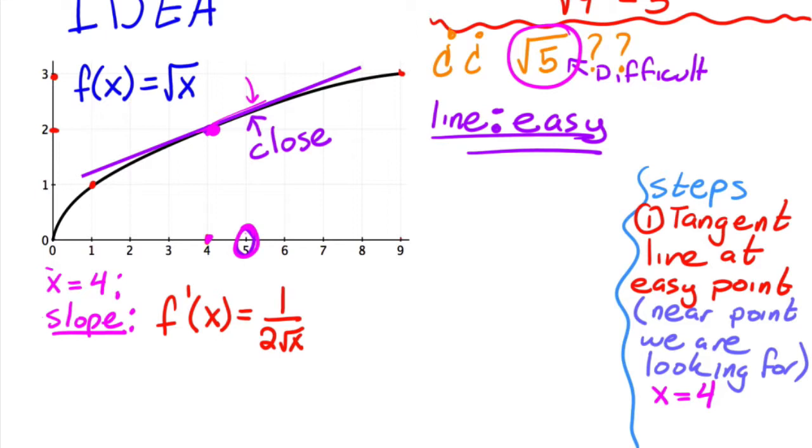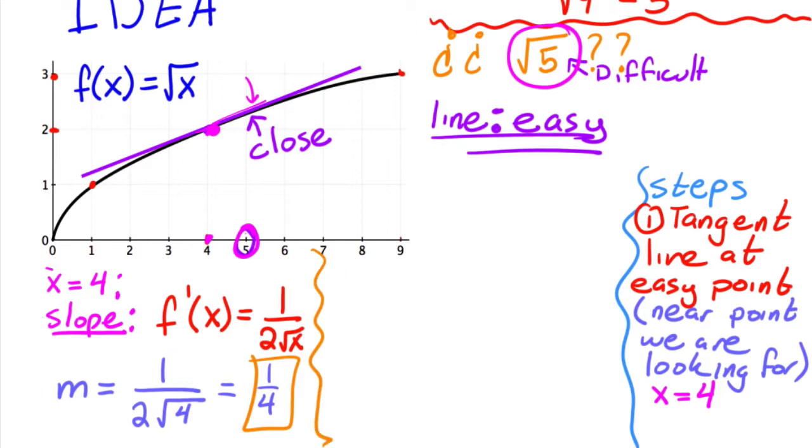Then the slope is equal to 1 over 2 square root of, we plug in our number 4. So this is going to be 1/4. That's our slope.